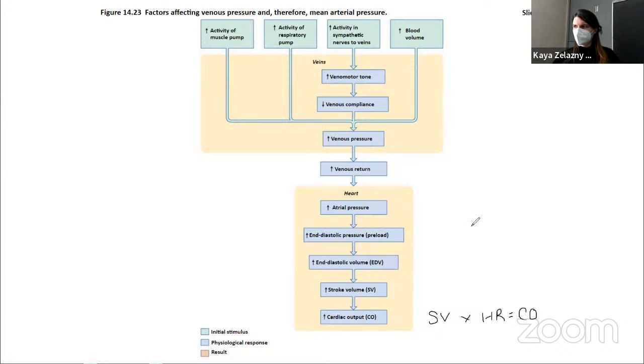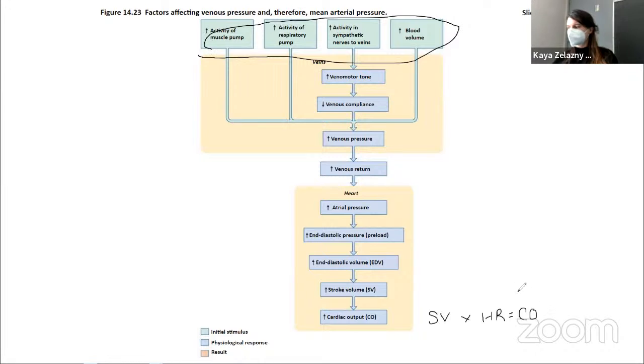So this is overall how regulation of the veins affects the cardiac output, right? So if we have an increase in the activity of the sympathetic nervous system, they have an increase in cardiac output, which we knew before, right?